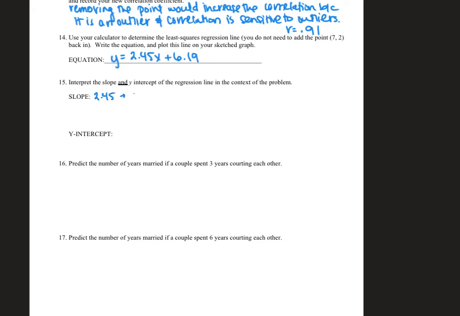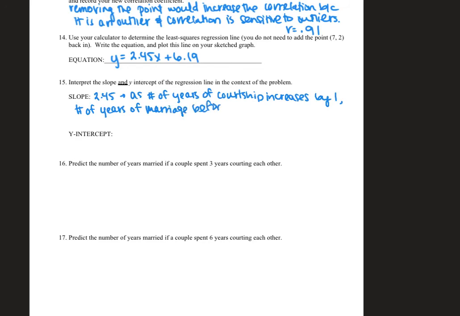The interpretation is as the number of years of courtship increases by 1, the number of years of marriage before divorce increases by 2.45 years. We say increases because it's a positive slope.